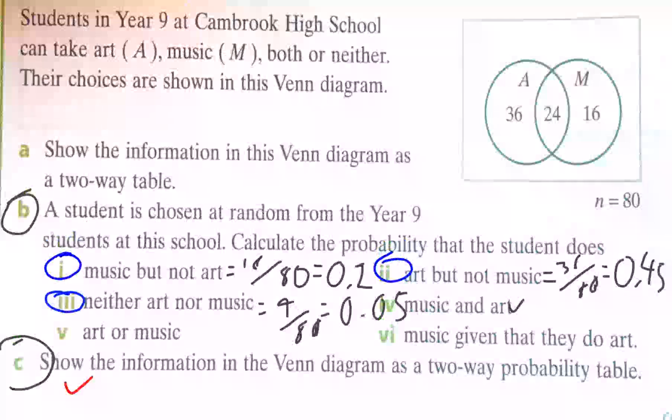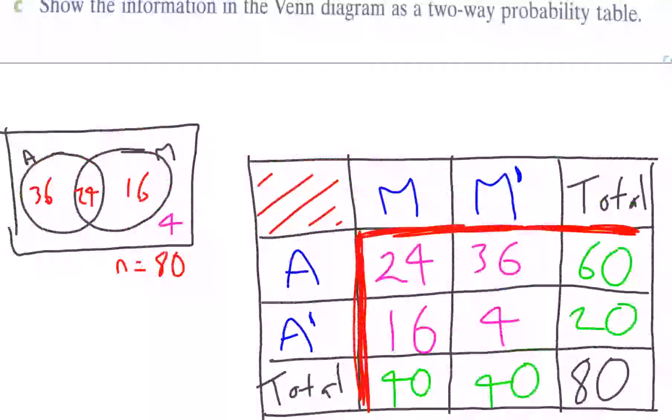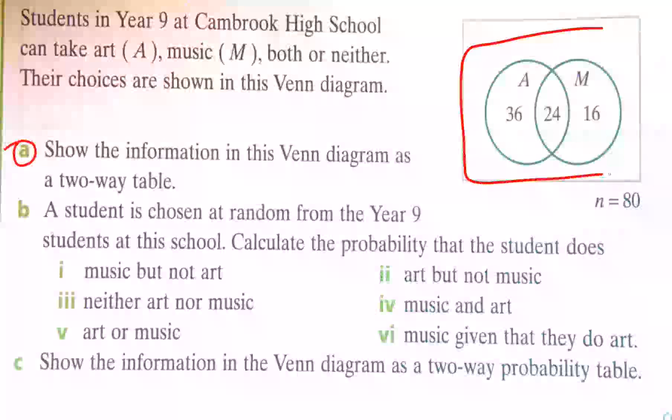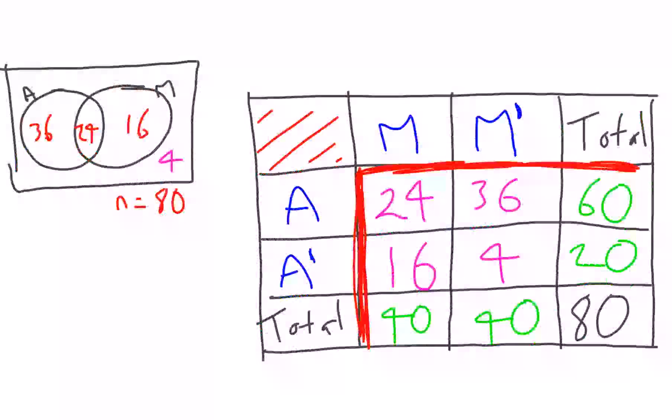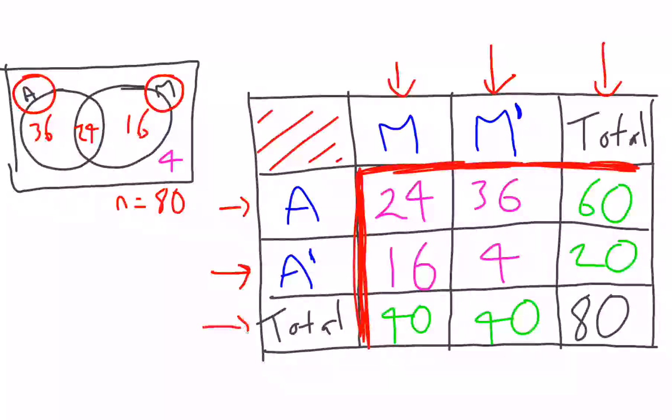So when we want to take a Venn diagram, like this, and change it into a two-way table or a two-way probability table, we take the set names and put them in our first row and column, and then we have the names of not being in those sets, put in the information, and get our totals.